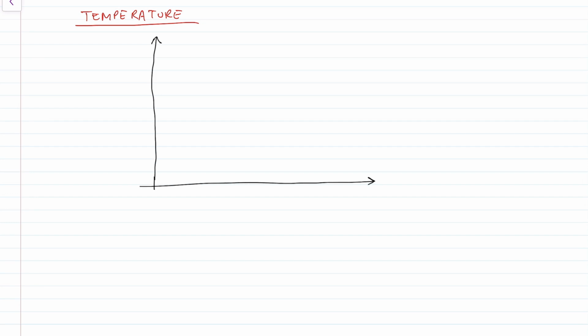If I draw this plot of equivalence ratio, the phi value, and temperature on the y-axis in, say, Kelvin, an equivalence ratio of 1 is considered stoichiometric.